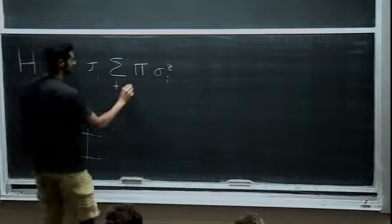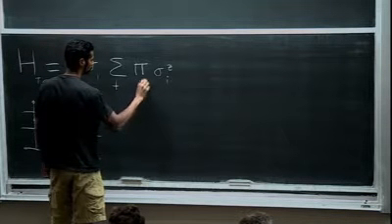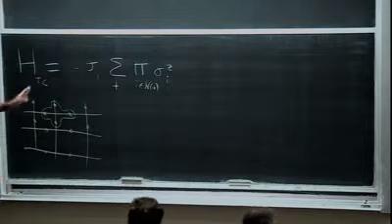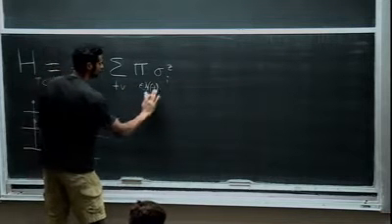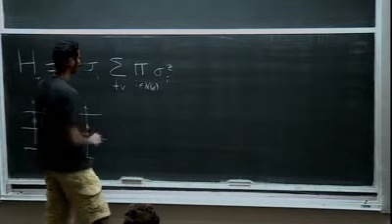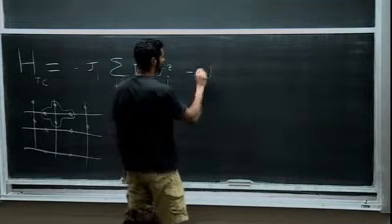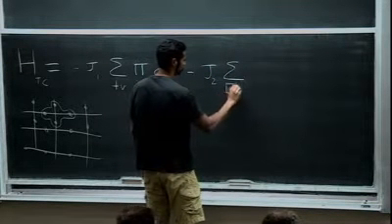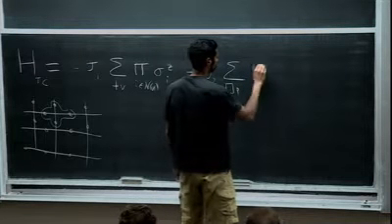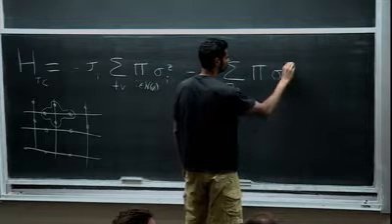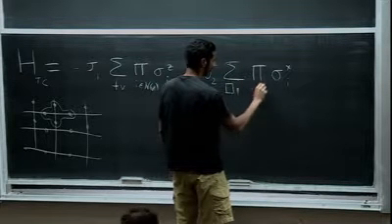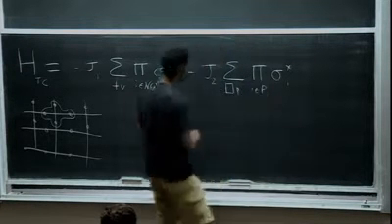So let's call these vertices V. The i's are living in the neighborhood of a vertex V. And then there's a plaquette term, a sum over plaquettes P, of the product of sigma x_i, where i lives on that plaquette.